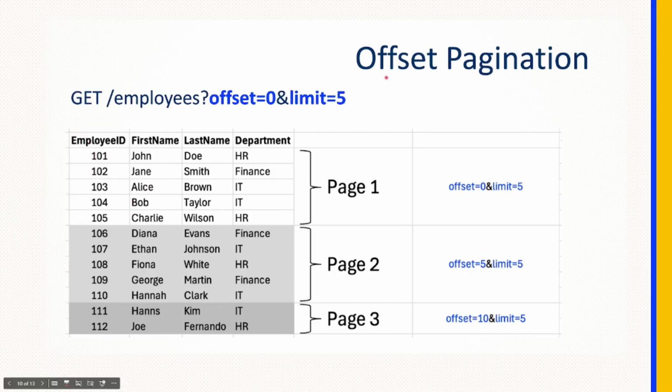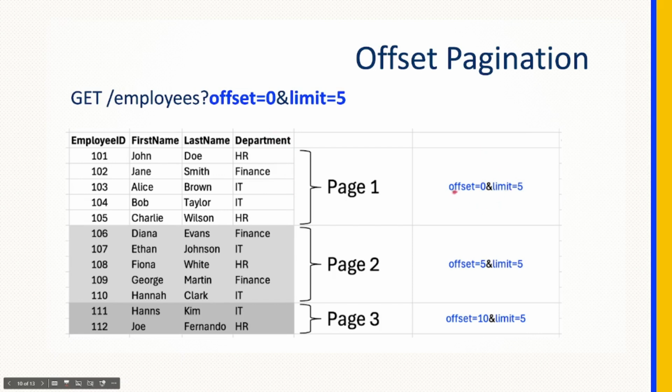In offset pagination, we use these two parameters, offset and limit. The limit defines the number of records we want to retrieve with each call. Now here in this example, we have set the size as 5. That means per each call, we are only picking 5 records. And the offset defines how many records we skip before starting to extract the data.